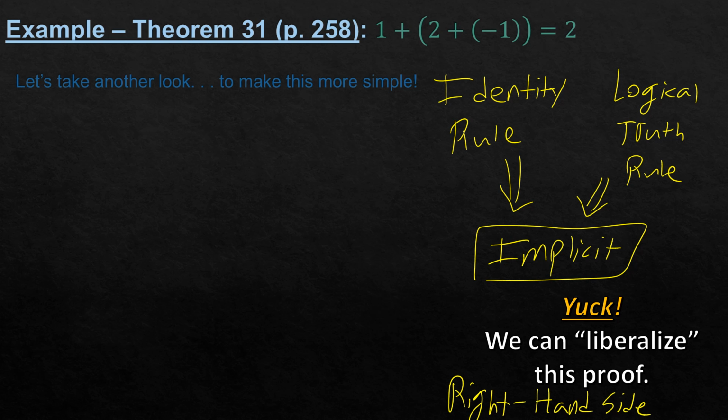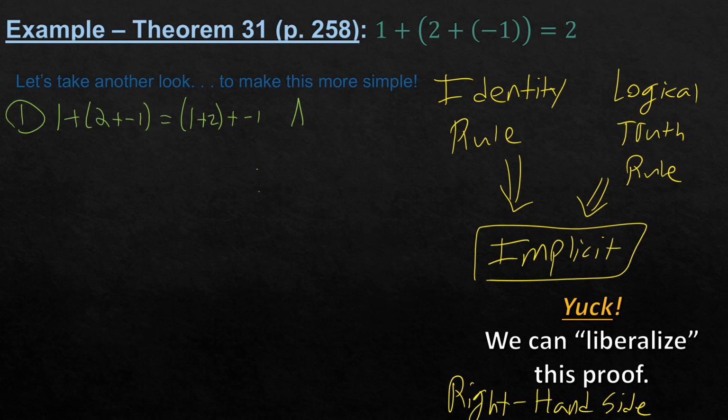So for line 1, instead of using the logical truth rule explicitly, we can do it implicitly and at the same time use our associative axiom. So we're going to say that 1 plus the quantity 2 plus minus 1 is equal to the quantity 1 plus 2, plus minus 1.